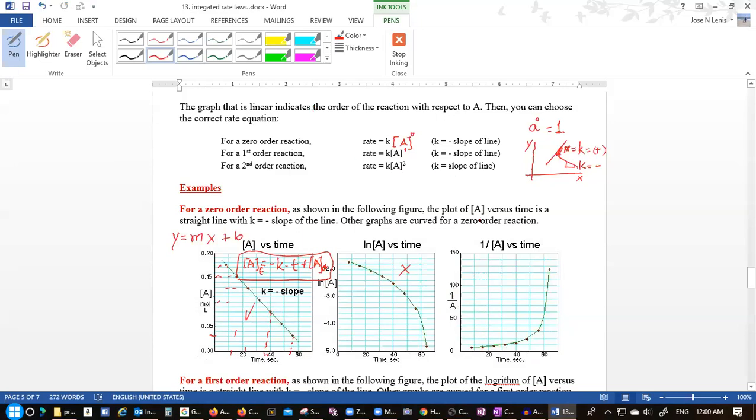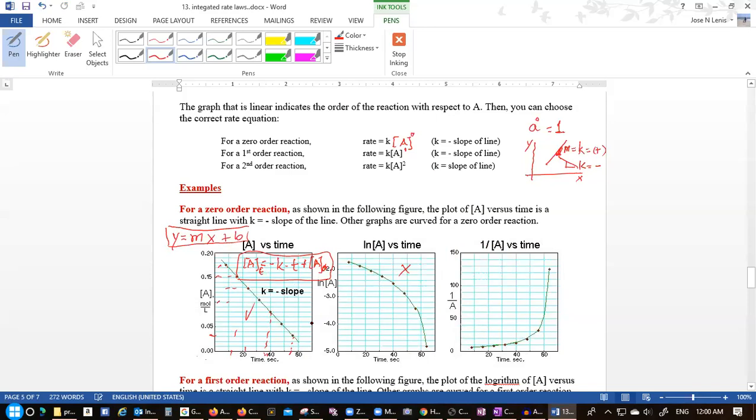But that's not what we want. We want to see a straight line where we can manipulate and transform this straight line equation. So yes, this doesn't work. 1 over A against time doesn't work. The only one that works is this.